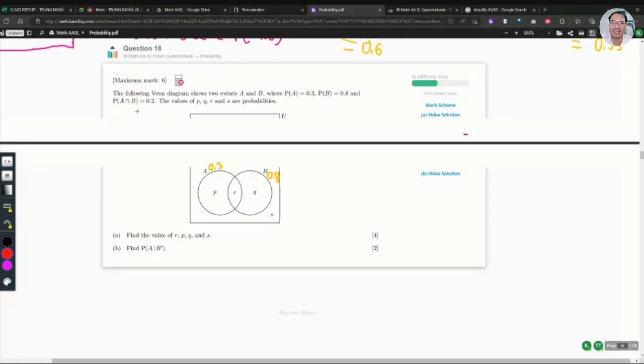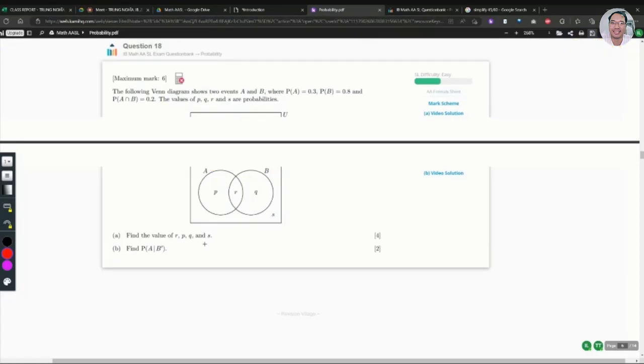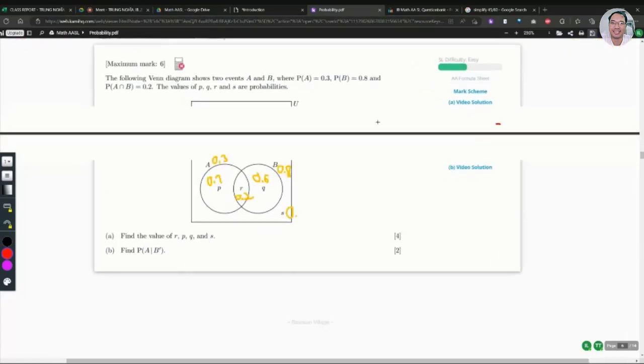So P alone is 0.3 minus 0.2. And this is 0.6. Yes, exactly. So S would be 0.3, I think. Let me just rewrite it. Okay, done.